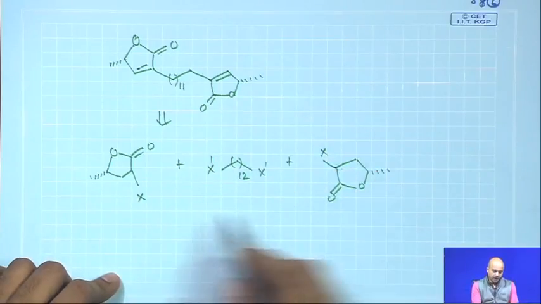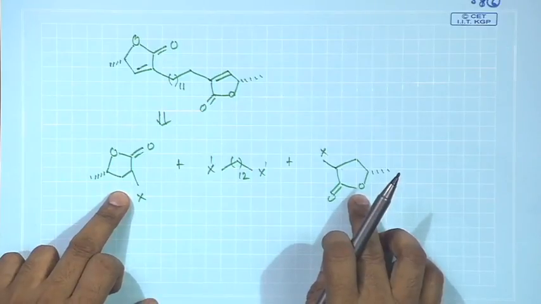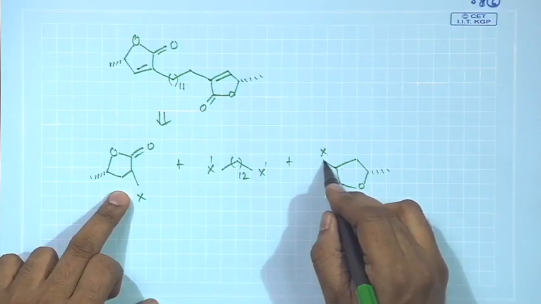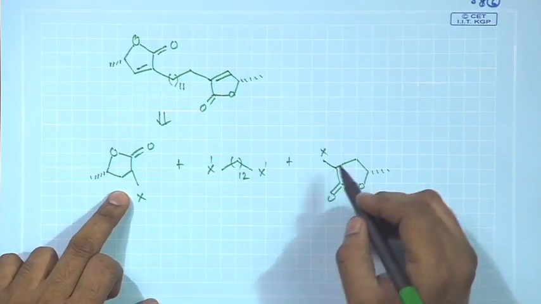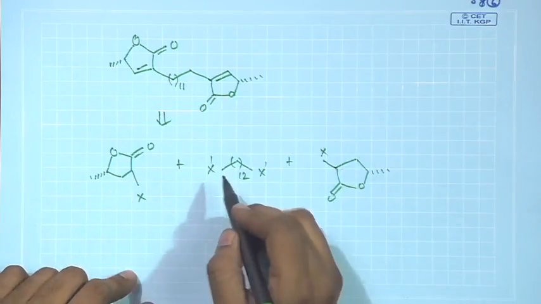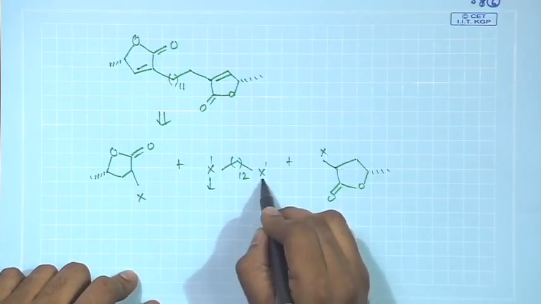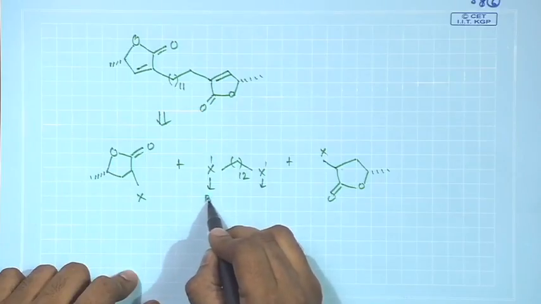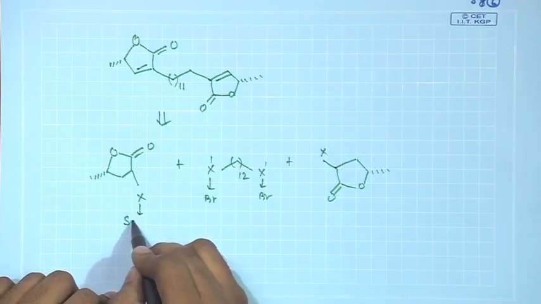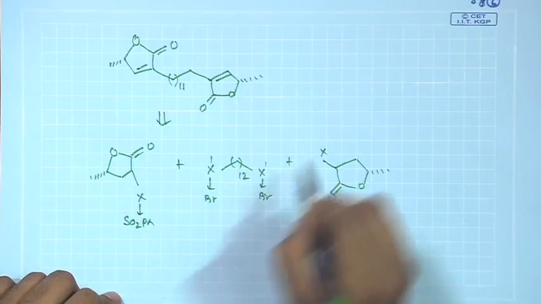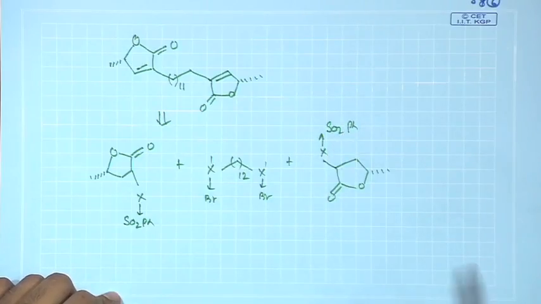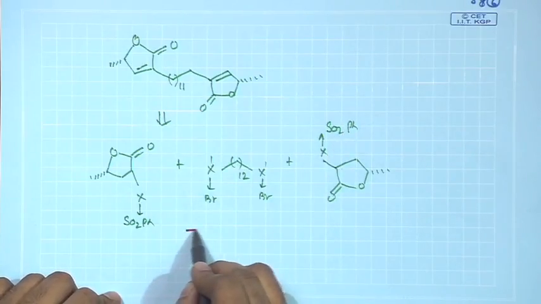Now, I am saying if you have these two compounds, their sense of chirality is similar. Now, this X we are not putting any stereocenters, because finally, if you see, the double bond has to be created here. Now, if I say that this X prime and X prime are good leaving groups like bromo, and this X is an electron withdrawing group like sulfone, SO2Ph, then the strategy will be quite simple.